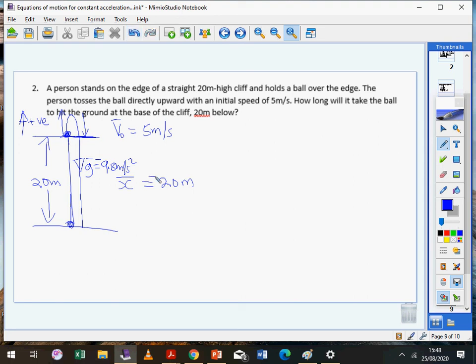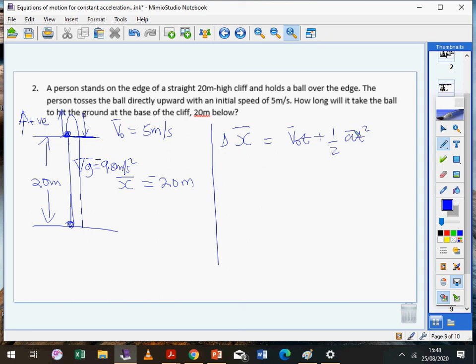Now I need to figure out how long it will take to hit the base of the cliff 20 meters below. I have displacement, I have initial velocity, I have acceleration. The easiest method to use here is the fourth equation, which is x equals v0t plus half at squared.